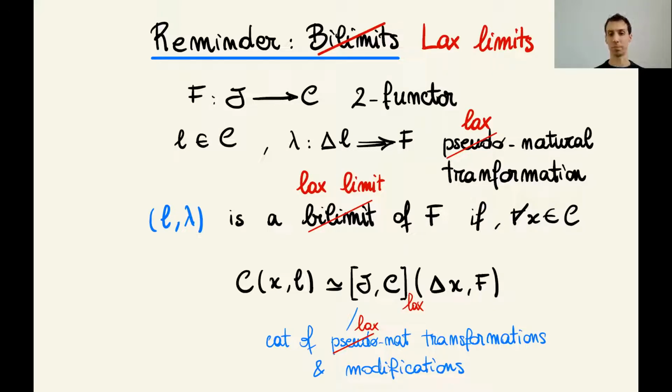And this is a lax limit. Of course, one can ask something in between, some triangles to be invertible, some not. This is possible with the notion of marking. This was done, but we will talk about this later.